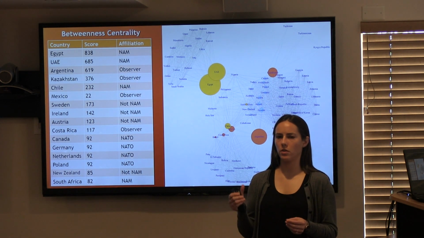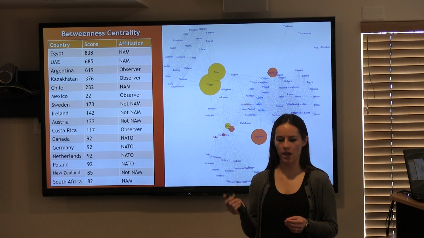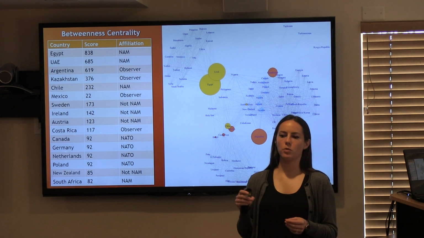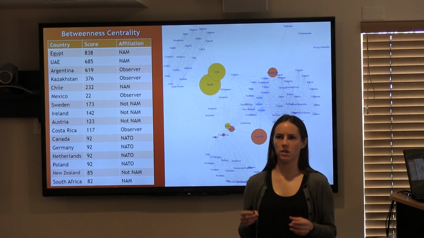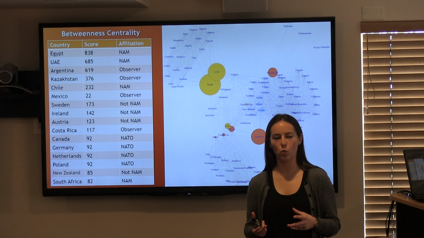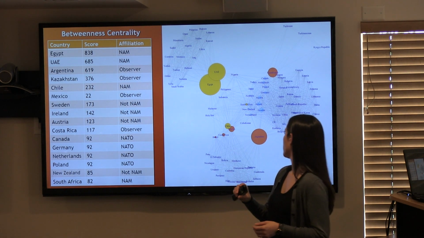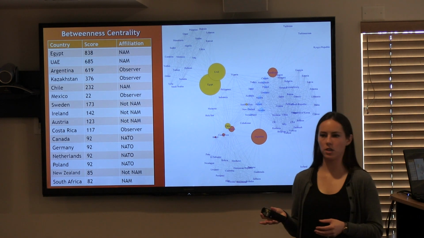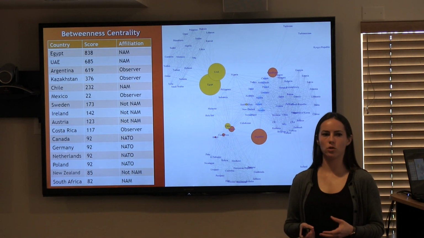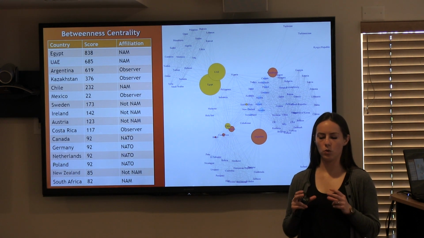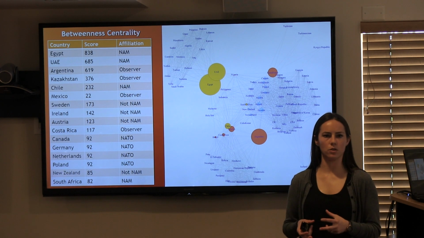The high score for them just shows that they work on so many other papers with other coalitions that if members of the Arab group wanted to reach out to, let's say, Sweden on a policy issue and wanted to have an introduction made, UAE would be the most likely delegation to do that.